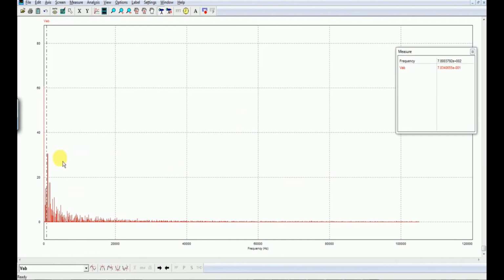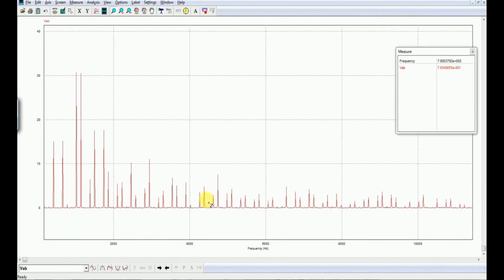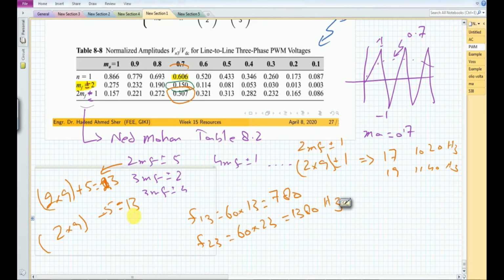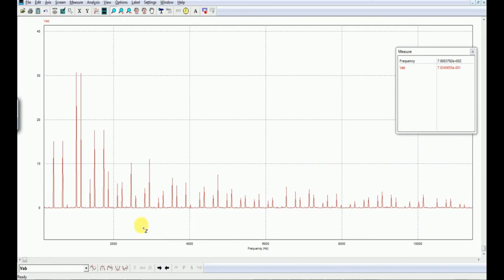Also, if I zoom in on this particular area, for the 23rd harmonic, which is at 1380 hertz, we should also have a similar value here.